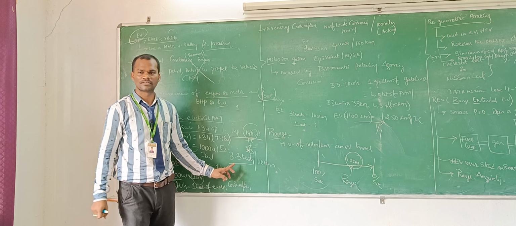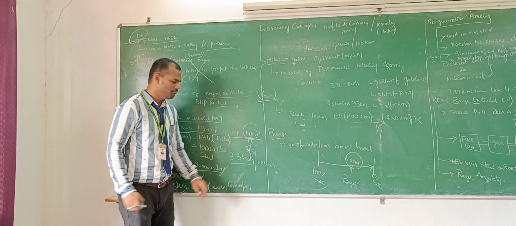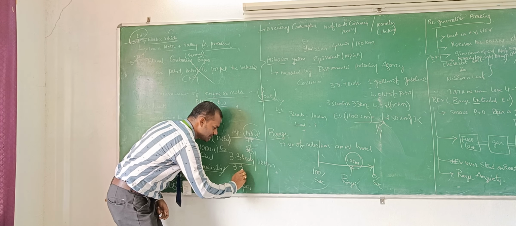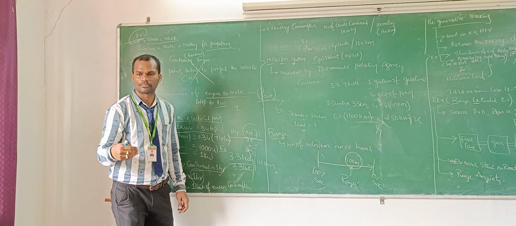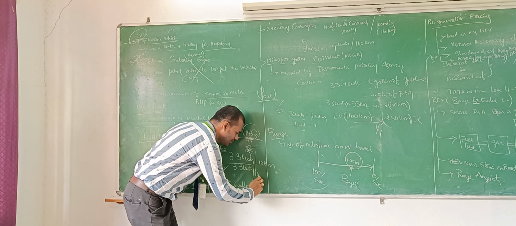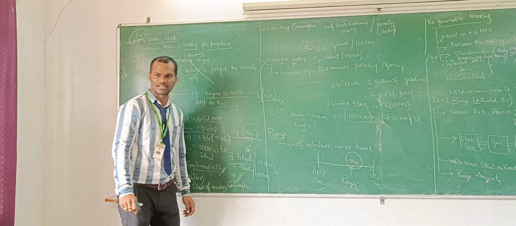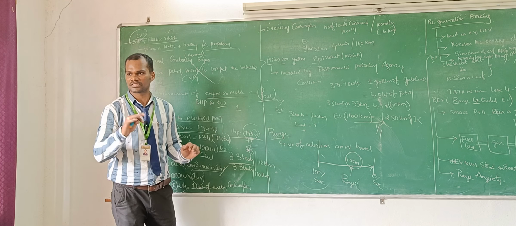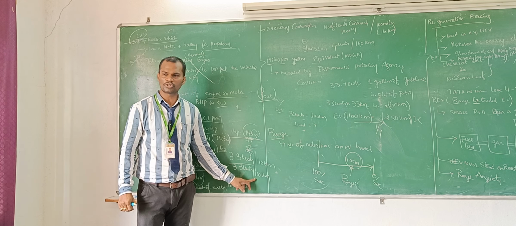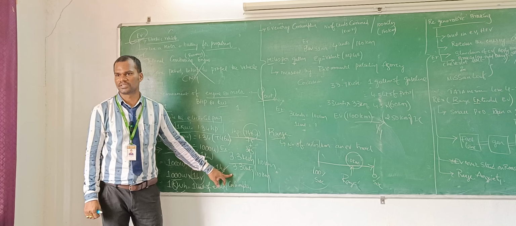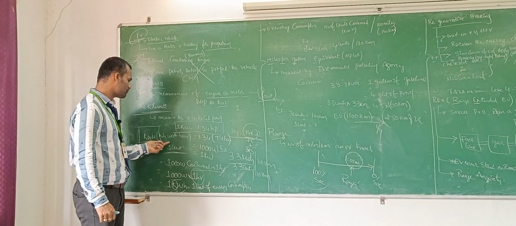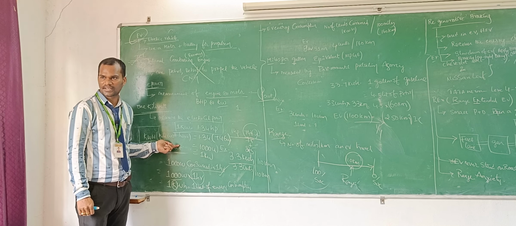Our electric vehicle will consume how many units? 3.3 units to make it fully charged from 0%, and it can run for how many kilometers? 110 kilometers. If you charge the electric vehicle to 100%, it can move from 0 to 110 kilometers. How many units is it going to consume? 3.3. That is how to measure the number of units consumed by an electric vehicle.